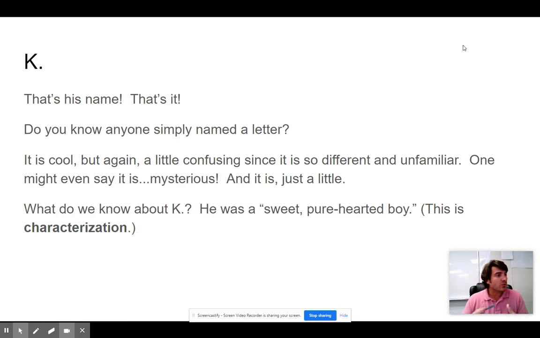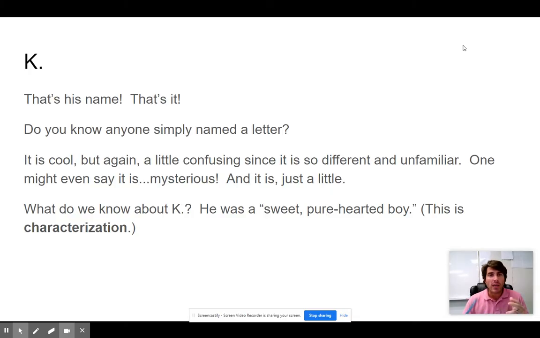Think about the Scarlet Ibis and how that narrator never told us his name either. So maybe there's some of that shame going on in the story, embarrassment over what happens. But either way, still doesn't matter because we have the seventh man as the main character and K as the best friend. All right.